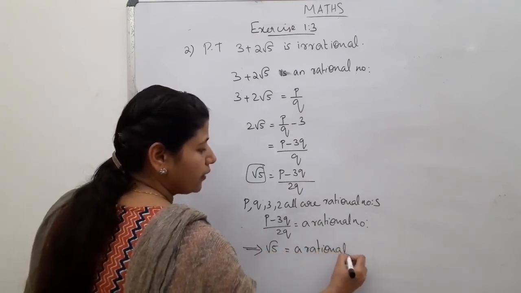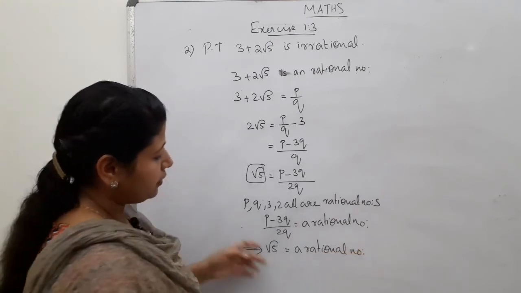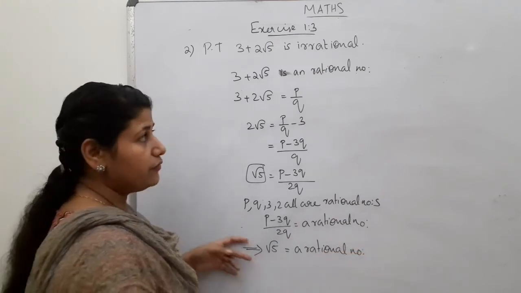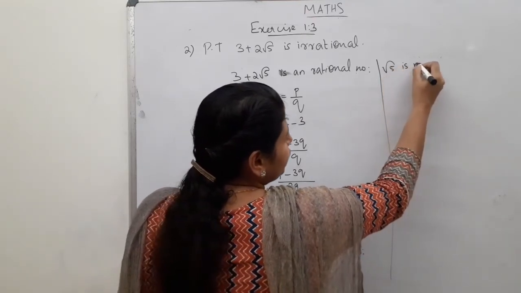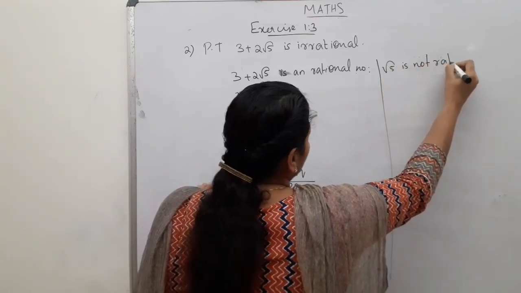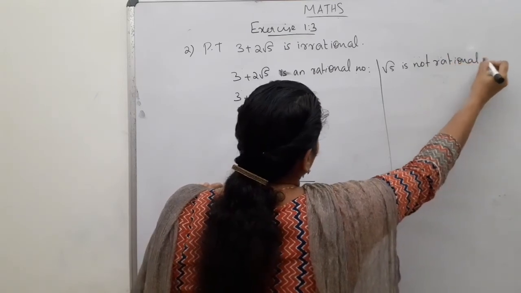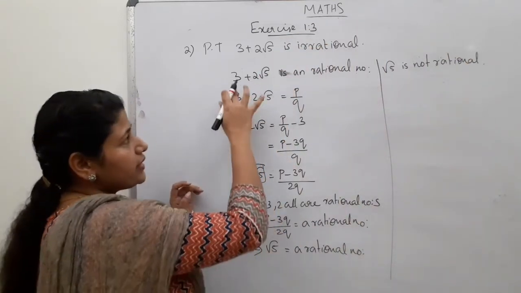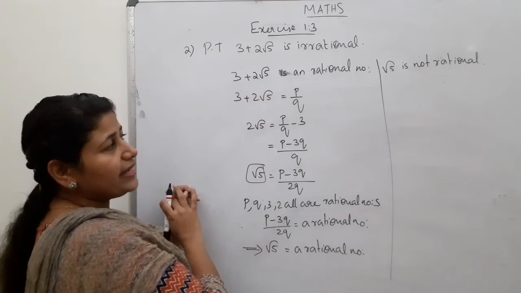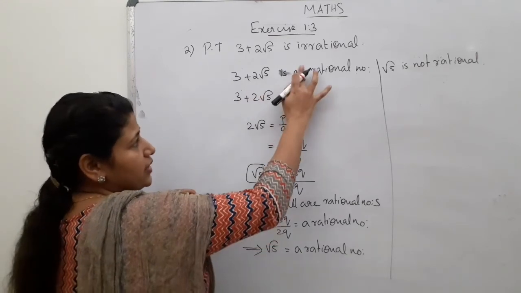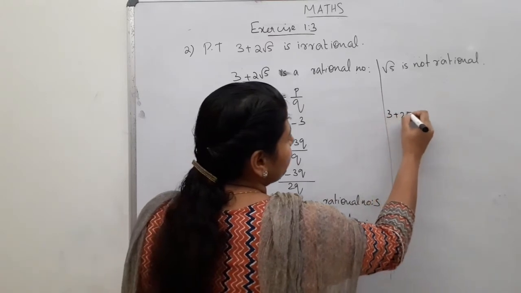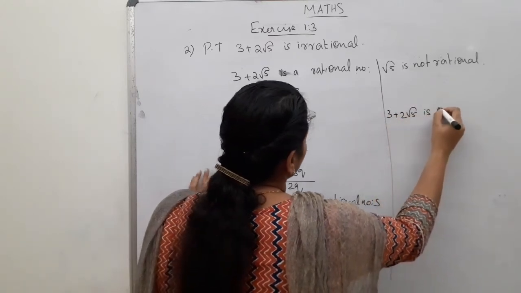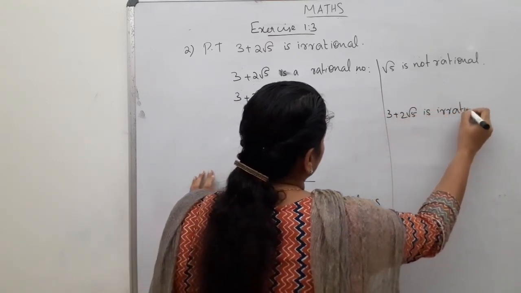But this is a wrong one. This is a wrong assumption. Root 5 is not rational. We know that root 5 is not rational. Why did this happen? Because of a wrong assumption that 3 plus 2 root 5 is a rational number. So we can say that 3 plus 2 root 5 is irrational.